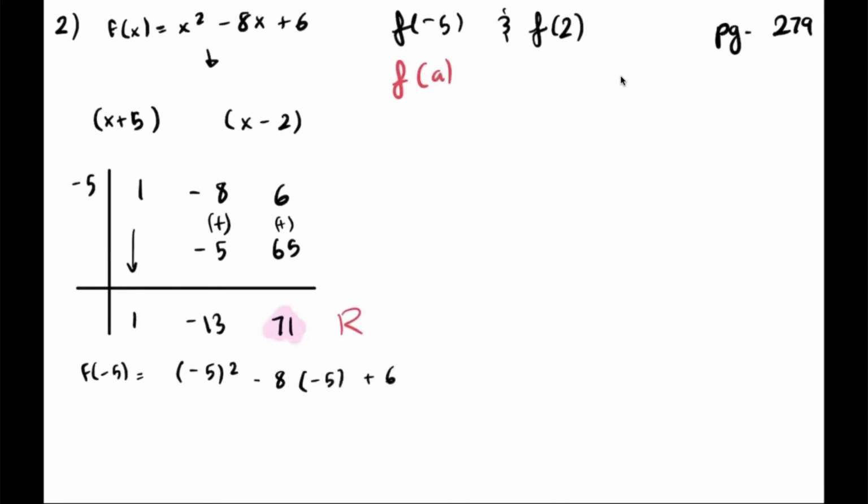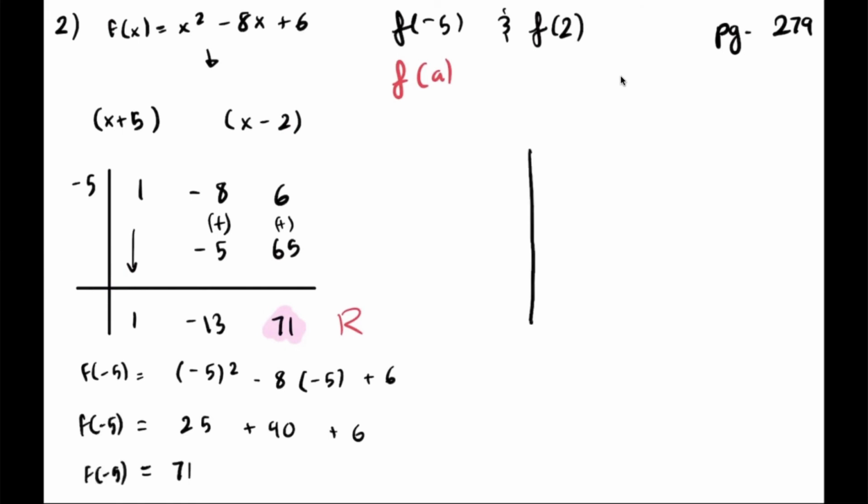This doesn't really need a calculator. So 25 plus 40 plus 6 will be 71, which means that what we solved is correct.